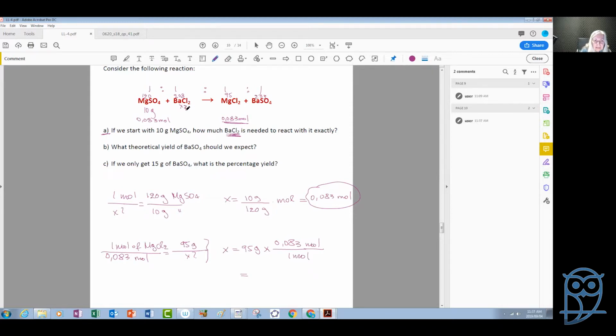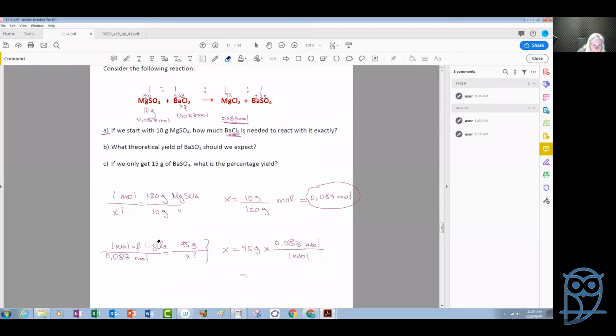So this is the mass that I'm looking for, and the relative formula mass of barium chloride is 208. So this is the 0.083 moles that I need to find. Let me remove all that.